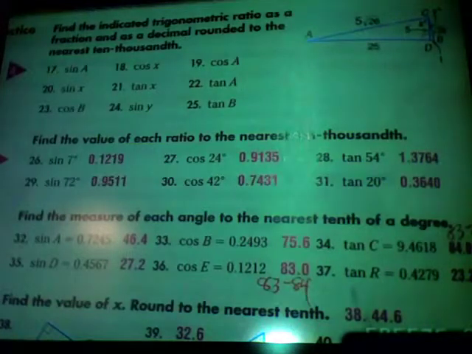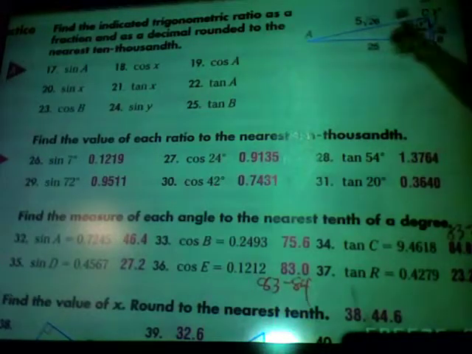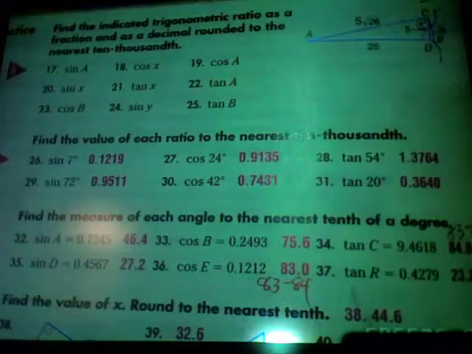You have to choose what sides go with sine. Because it's sine, sine is some old hippie, right? So I'm looking for side opposite over the hypotenuse. If this is my degree of reference, what side on this triangle is the side opposite?